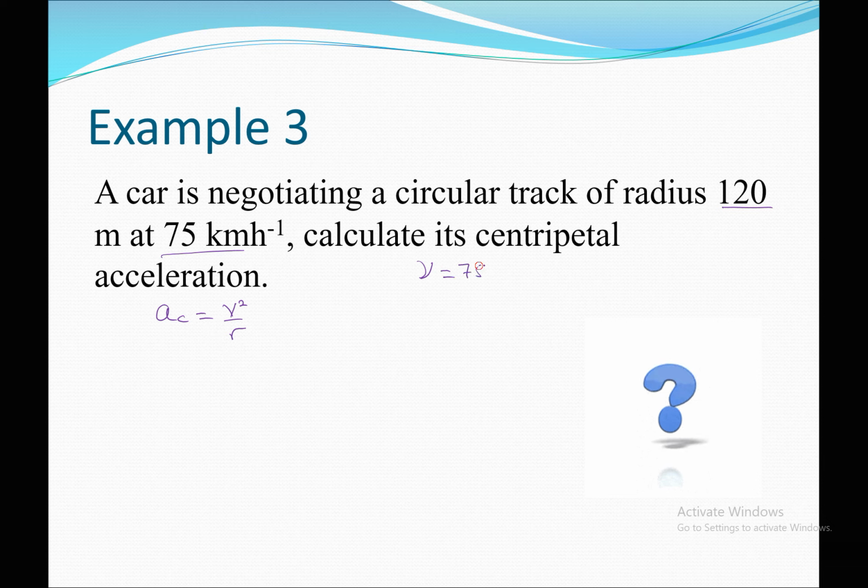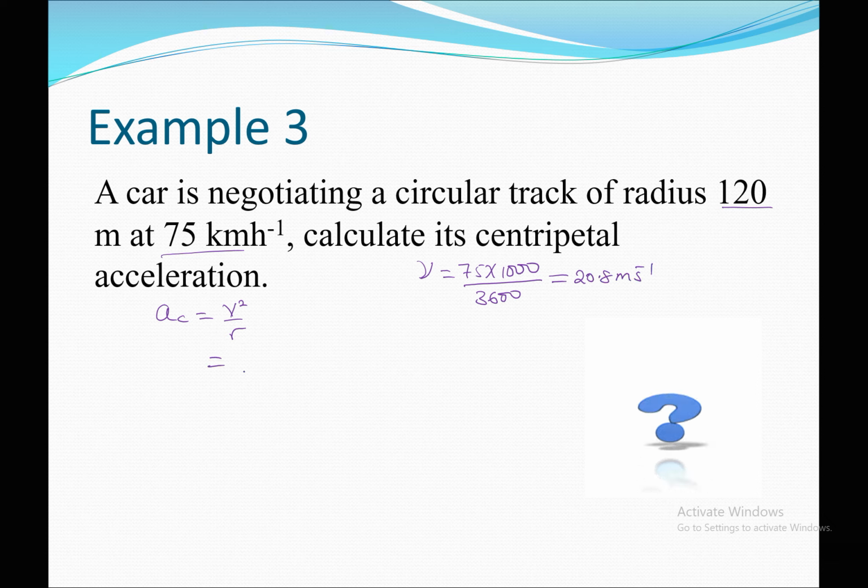So that would be 75 times 1000 divided by 1 hour, which is 3600. So that is v. I'll press my calculator. 75 times 1000 to change it to meters, divide by 3600. So this is approximately 20.8 meters per second.